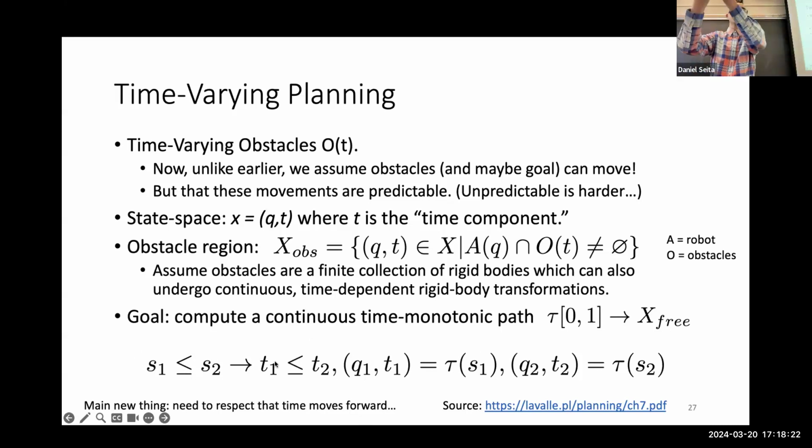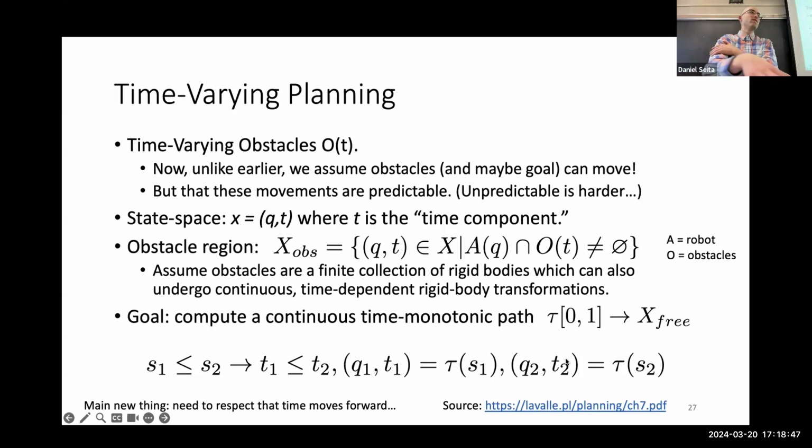So if you're earlier in the path than later, it just means the first time must be less than or equal to the second time step. Then your tau S1 will map to Q1, T1, and then tau S2 will map to Q2, T2.